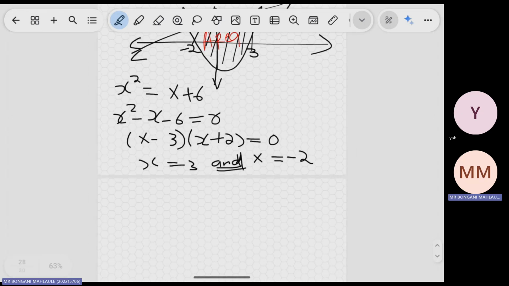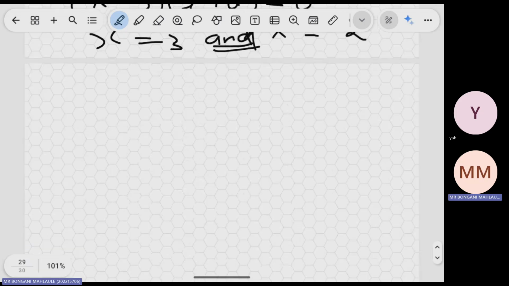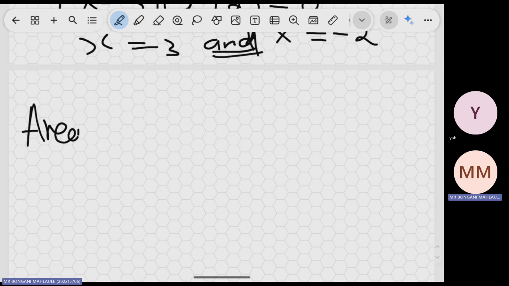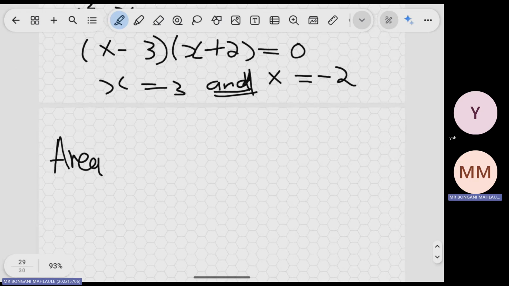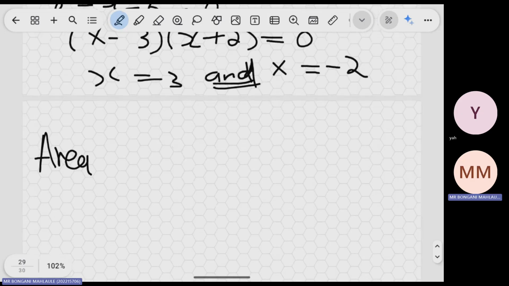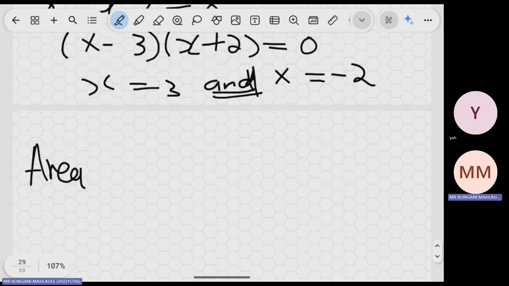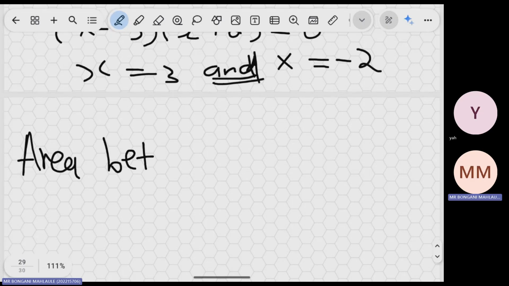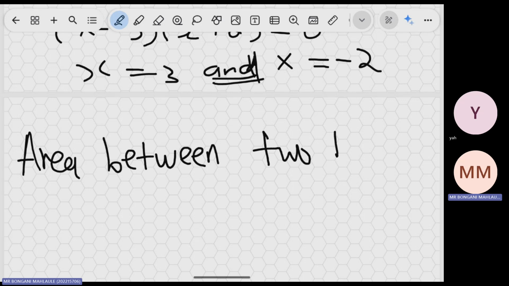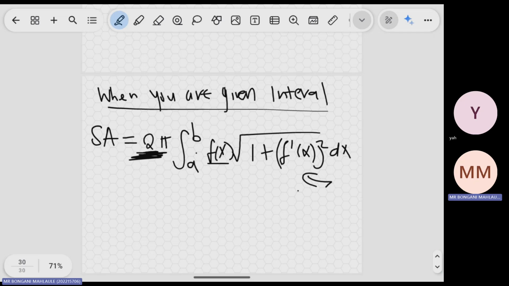After knowing the intersection, you must know which one you're going to start with. So for the area between two functions, you will have to use this formula.